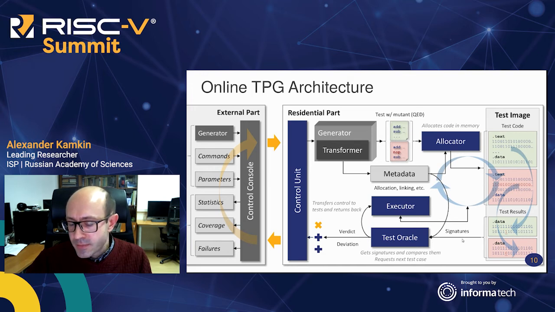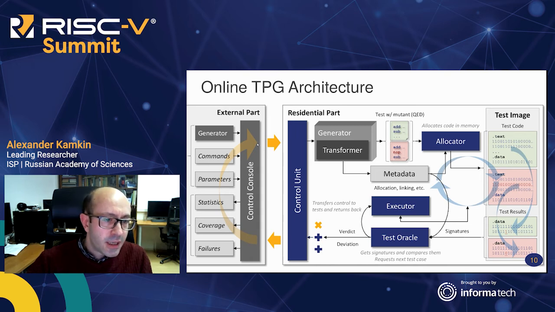The test oracle obtains signatures, compares them, and returns a verdict to the control unit that communicates with the external part. A control console takes input data from the user, some commands and parameters, and provides output data, some statistics, test coverage, failures. It can also implement automatic or human-in-the-loop feedback to the generator.